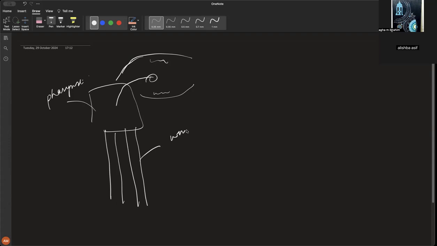The windpipe, the trachea, and the esophagus. So the food needs to move down into the esophagus. So there's a covering over here, kind of a flap which opens up or closes down to cover the windpipe. This is called epiglottis.